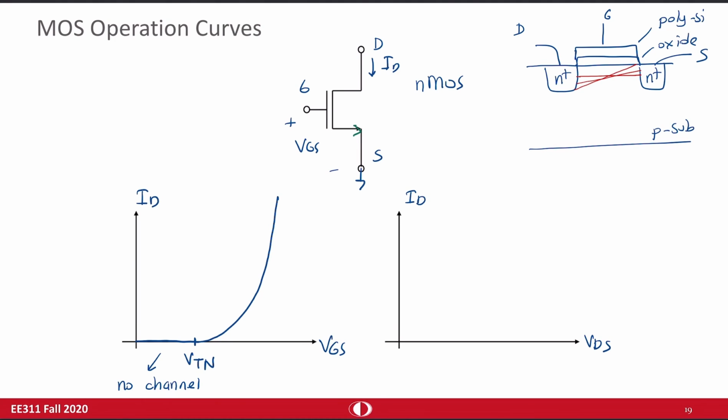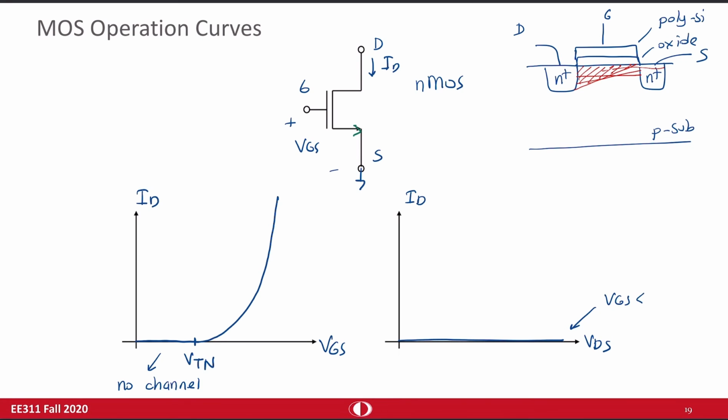After a while there will be some pinch-off, and because of that the current passing from drain to source is limited, which is known as saturation. You can review this material from 212, or we can review it in the recitation hours or online class lectures.